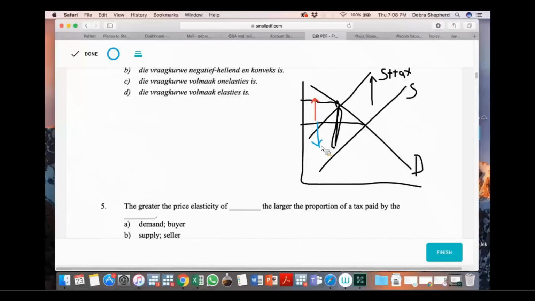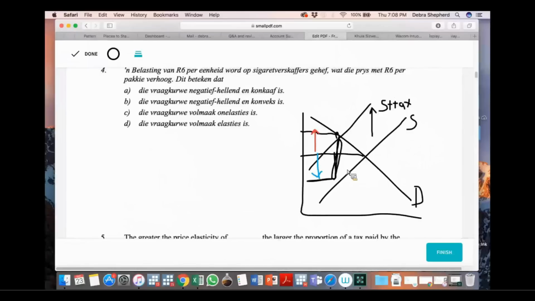The distance below the equilibrium price is the amount of the tax paid by the producer. We find that by finding the distance between the old equilibrium price and the supply curve, which represents the costs of the firm. So tax is usually shared.